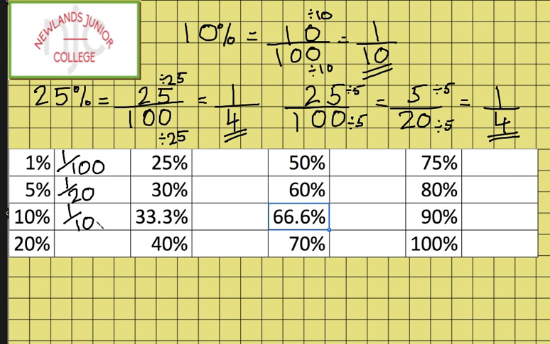We know now that that's 1 over 10. 20%, well, that's going to be 1 over 5.